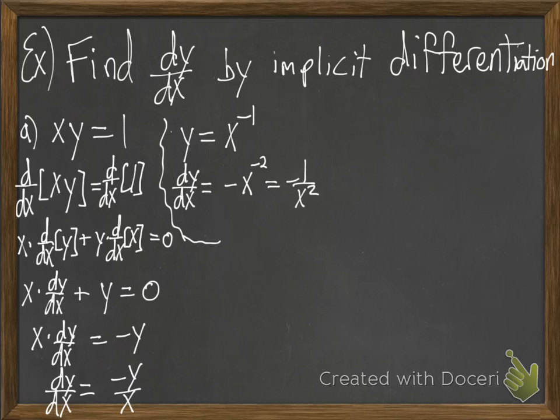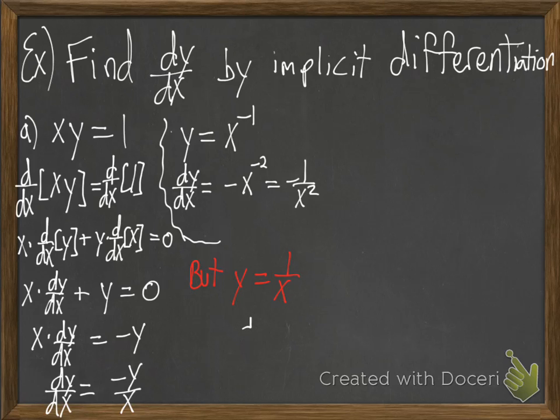They say, well, how in the world does that look like negative 1 over x squared? Well, because we are able to solve this equation explicitly, we know that y is equal to 1 over x.